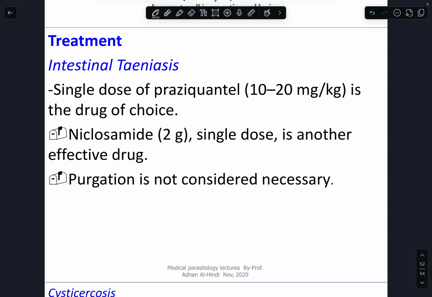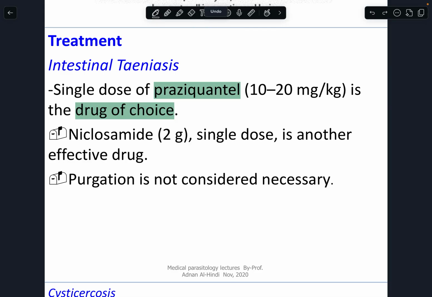Okay, treatment. For intestinal taeniasis, a single dose of praziquantel, 10 to 20 milligrams per kg, is the drug of choice.